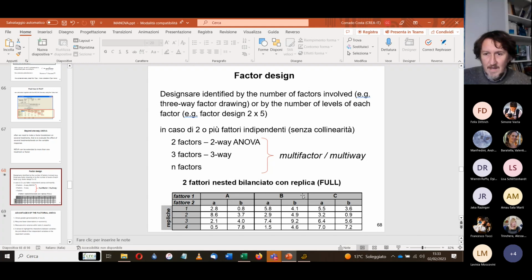So this is factor 1, for example, different years, A, B, C. Factor 2 are the different cultivars. And the question is: is the weight of the 2 cultivars different, considering also the factor year? So the experimental design is quite more complicated.